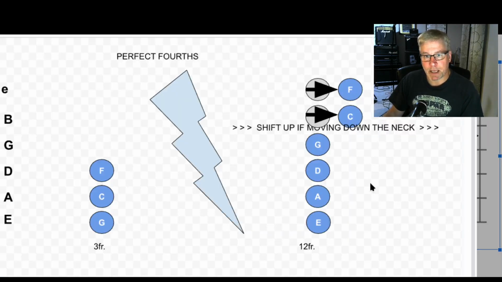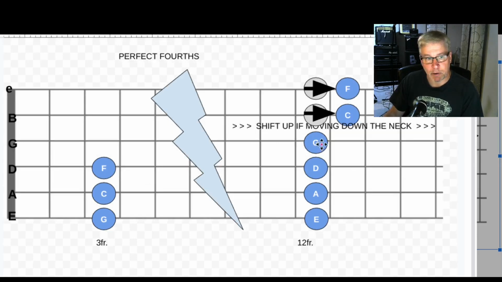So when we get to a certain position on the neck, when we traverse the G string, when we're going up, or I guess down on the neck, if we're looking at it from a guitar player's perspective, this is towards the bottom of the guitar and the other direction is towards the top.